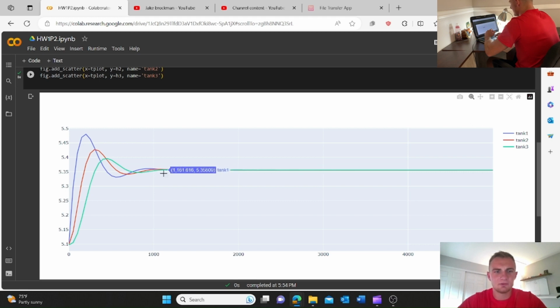And if we see here, our steady state looks like right about after 1,000 seconds or so, maybe 1,500 seconds. And the height in the third tank and all three of the tanks, because we're in steady state, is 5.35. Now, as you can see here, that's below our set point. And you can also see some oscillations here.